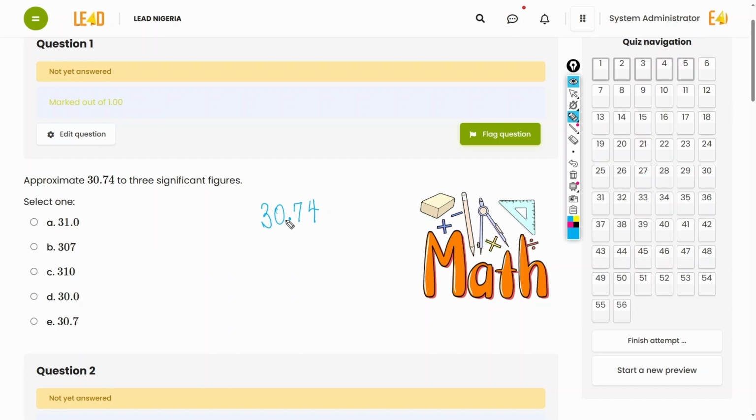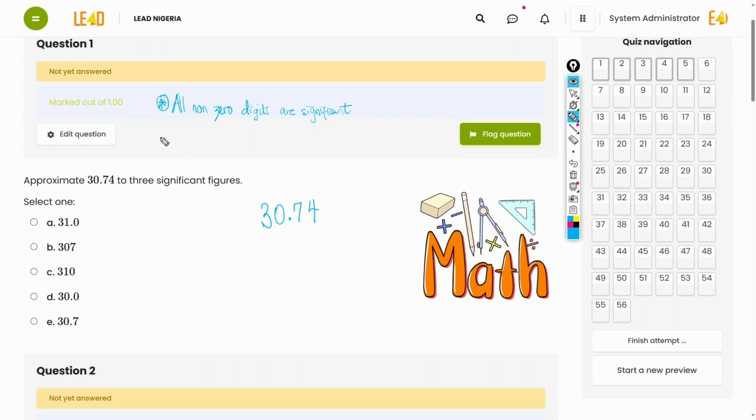Generally, there are two rules that we should pay attention to. One is all non-zero digits are significant. All non-zero digits are significant.